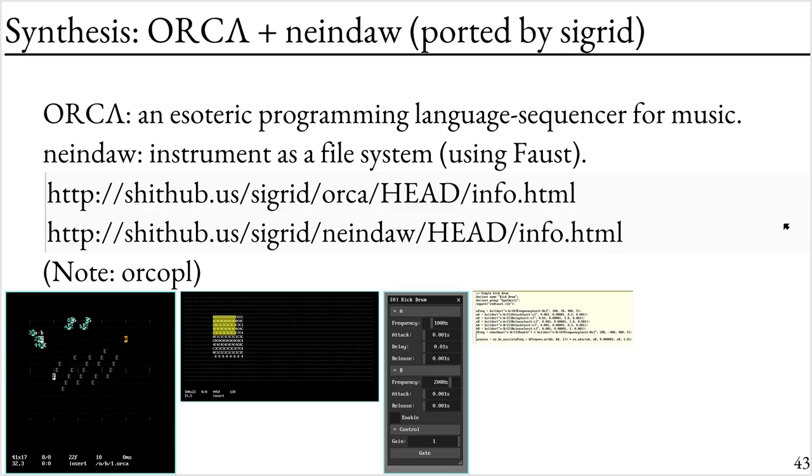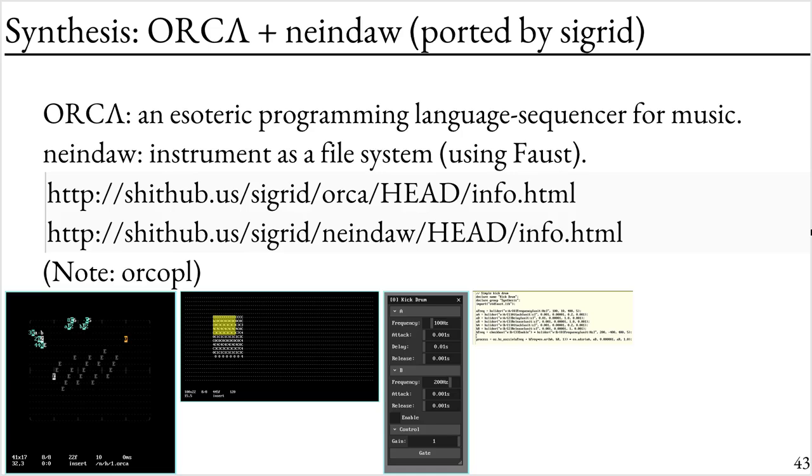And a brief mention for Orca and 9DAW, which is porting work from Sigrid. This Orca is kind of an esoteric programming environment for creating music. It's very, very nice for live coding and stuff like this. It's very cool to look at, and also very complicated to comprehend.